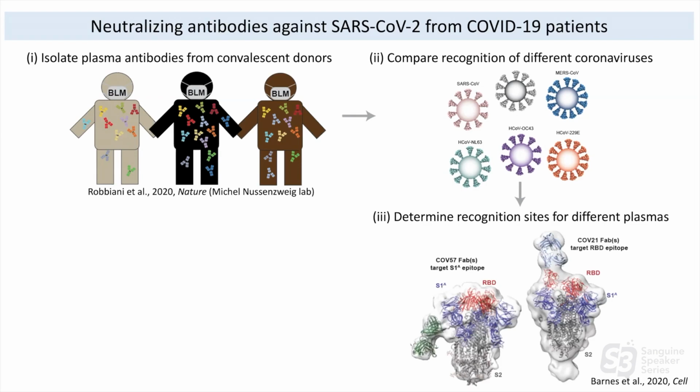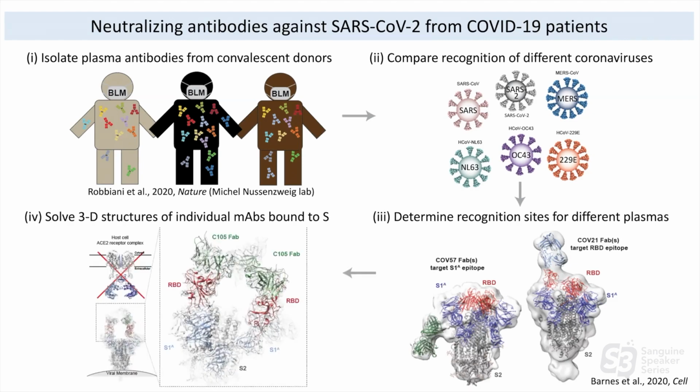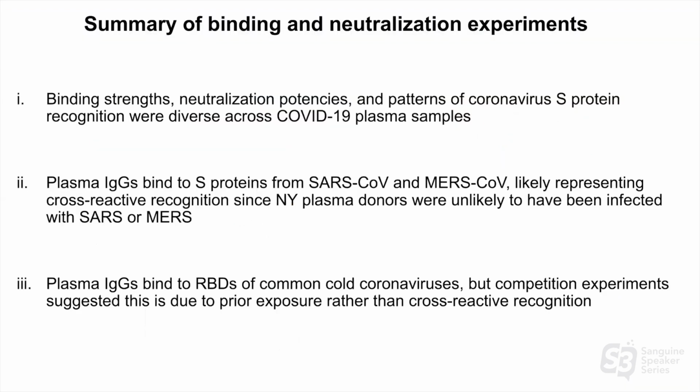We then went on to use a sort of mapping technique to determine where the antibodies mainly bound for different plasmas. And then finally, we did higher resolution structures of individual monoclonal antibodies bound to the spike trimer. I'm not going to go into detail now; these were ELISA and neutralization experiments, so they're all in that first paper.